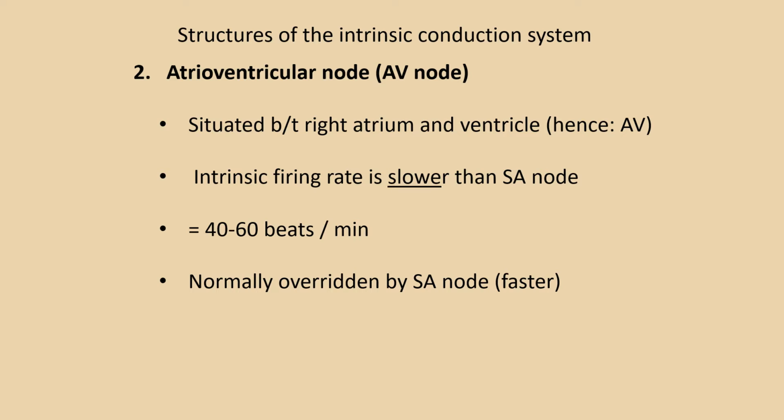They are self-excitable because they're autorhythmic fibers, but they will depolarize and repolarize at a rate of about 40 to 60 beats per minute. And because the SA node has a faster rate of firing, the SA node is the pacemaker because it overrides the intrinsic rhythm of all the other autorhythmic fibers. So this is why the SA node is the pacemaker.